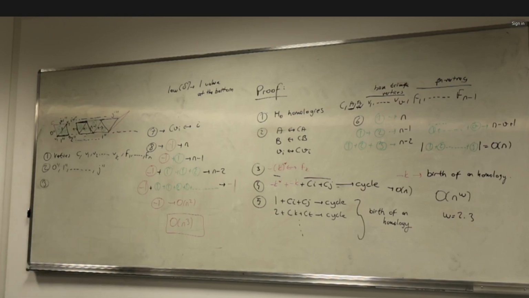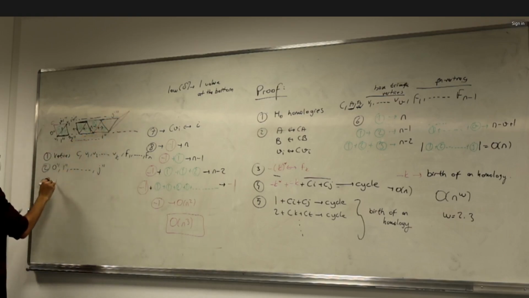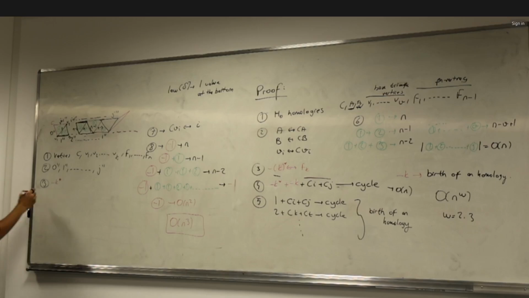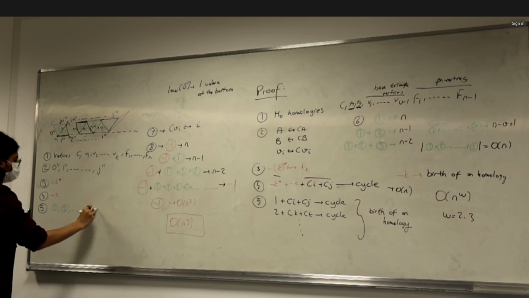And then we will start adding again just the one edge of the triangles, and then we will add the other edge of the triangle, and then we start adding the triangles inside by 1, 2, n.